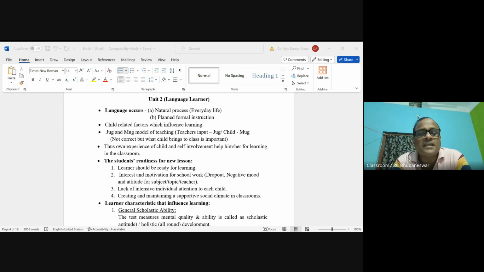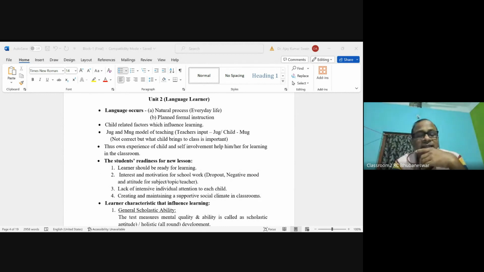Interest and motivation for school work. Lack of intensive individual attention to each child. Creating and maintaining a supportive social climate in classrooms. So the supportive climate is also another important factor in the learning of the learners.